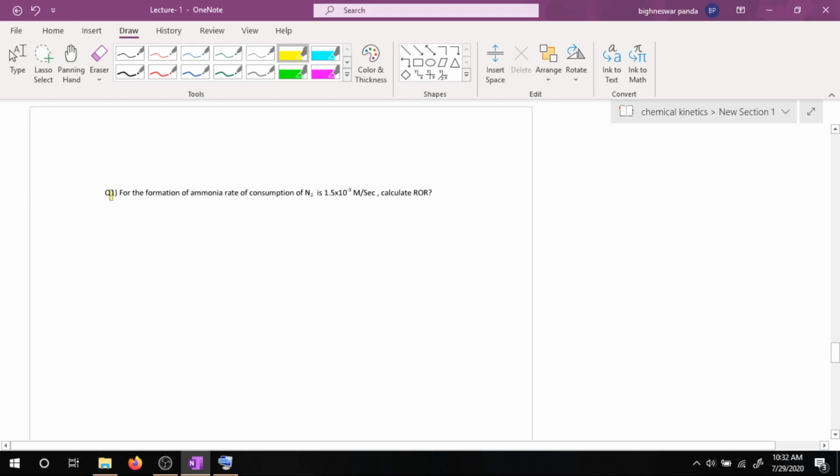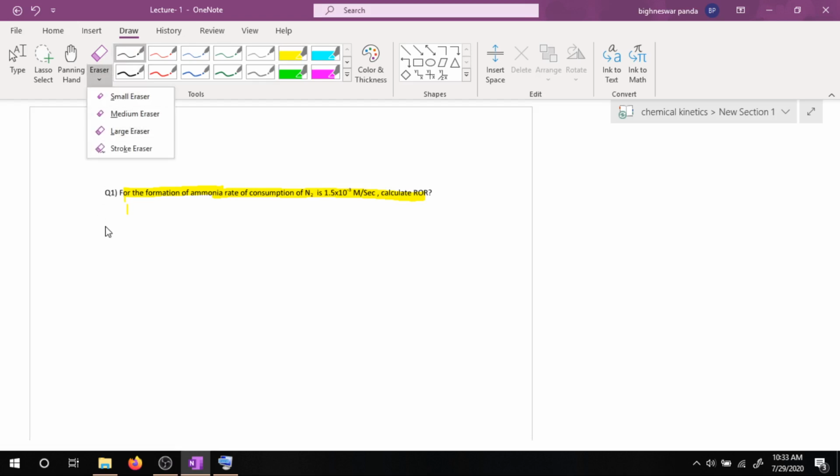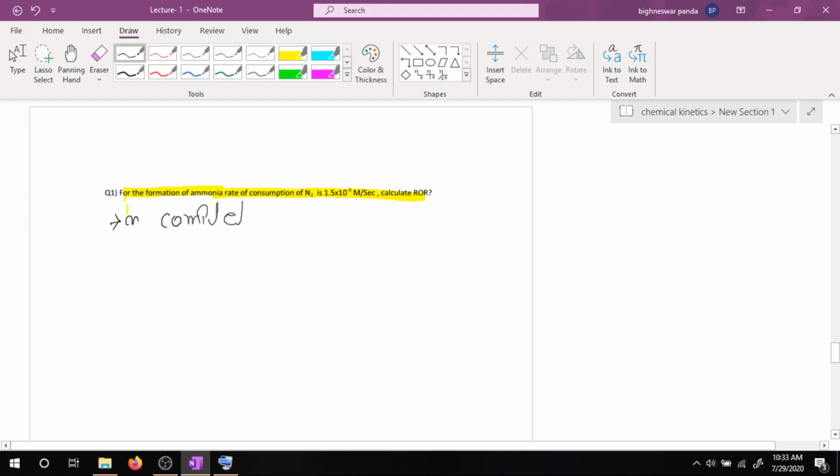For the formation of ammonia, the rate of consumption of N2 is 1.5 into 10 to the power minus 3 molar per second. Calculate the rate of reaction. By seeing the question, I can say that the question is incomplete.